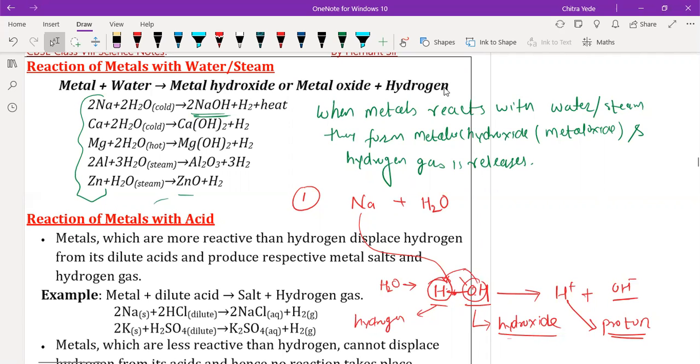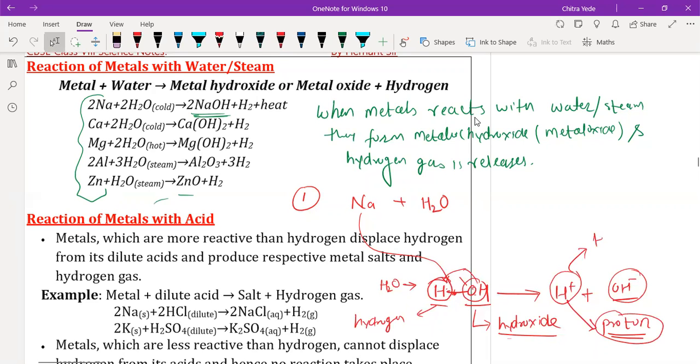When sodium comes in contact with water, that water is going to split, break down into H positive ion and OH negative ion. So here OH ion is called hydroxide ion, whereas H positive ion is called proton, or it is considered as hydrogen ion.